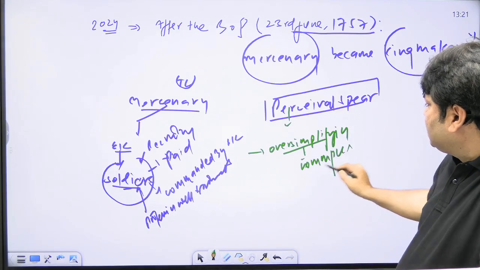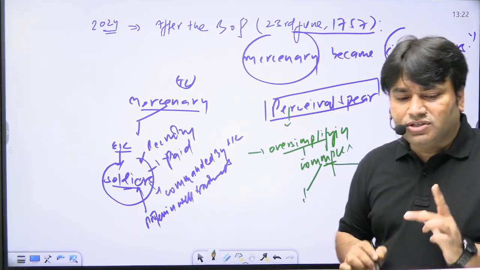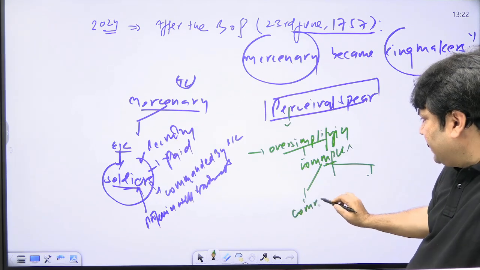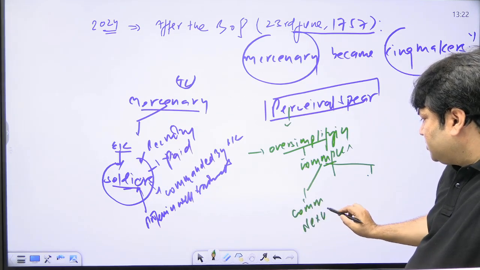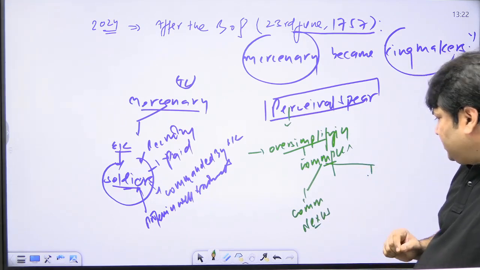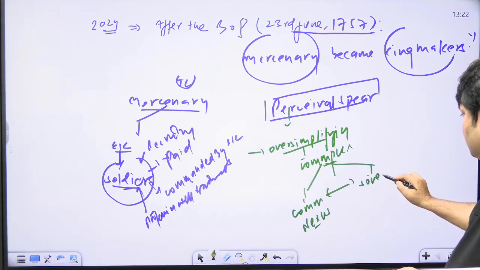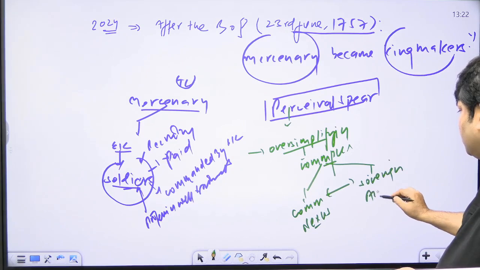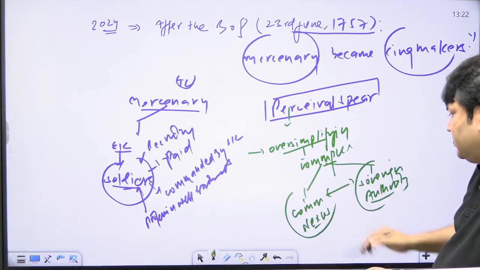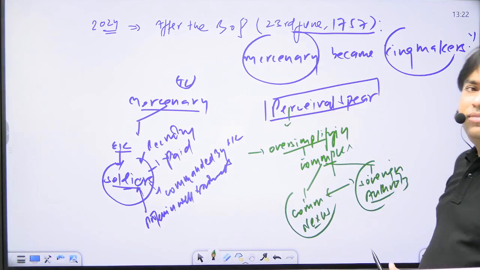And what was this complex nature of this process? The complex nature was that there was a commercial nexus which was being followed. And not only this commercial nexus, it was also supported by the sovereign authority, due to which it became possible that the mercenaries became kingmakers.